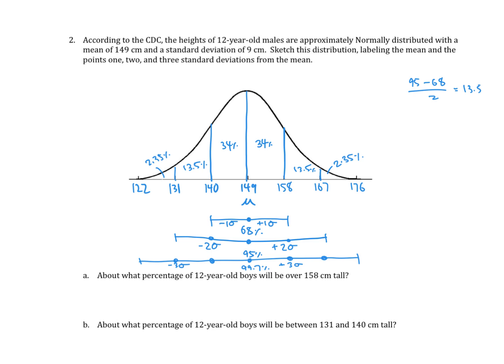Now we have a tiny little bit left, 0.3% left, so 0.15% will be above 3 standard deviations and 0.15% will be below 3 standard deviations. And that adds up to 100%, which is equal to 1 in decimal form because the area under this curve, remember, is always 1.